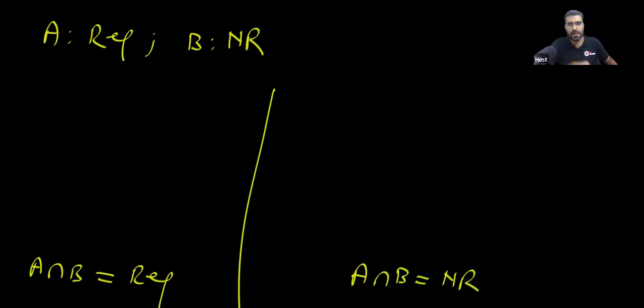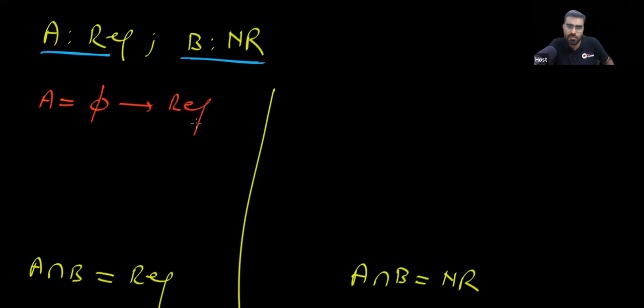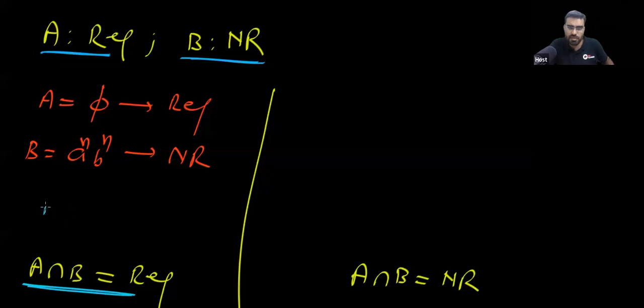For the first, for example, you can take A equal to 5, which is regular, and B equal to a^n b^n, which is non-regular. Their intersection is 5, which is regular.